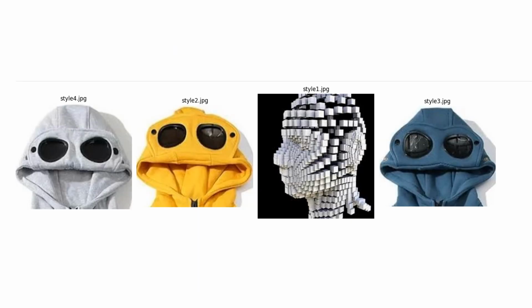I use 4 style images to do the neural transfer, so that I can increase the number of training images to about 5 times: 4 from the style transfer, and 1 from the original image, so a total of 5 times the images.